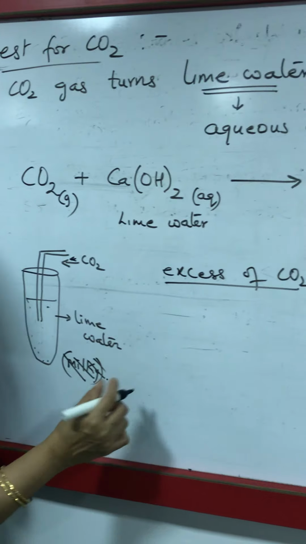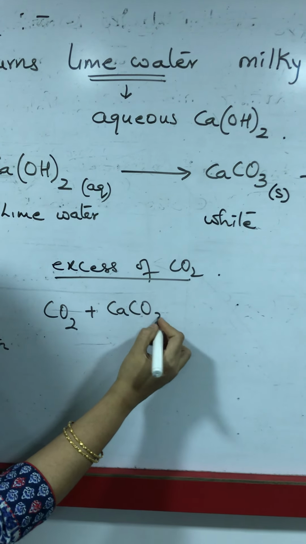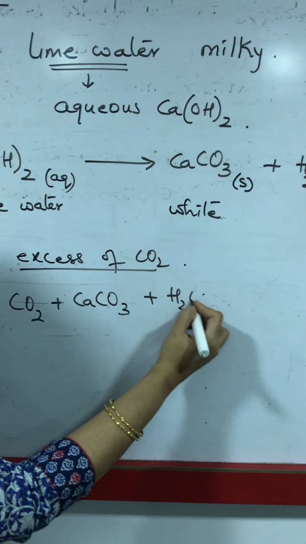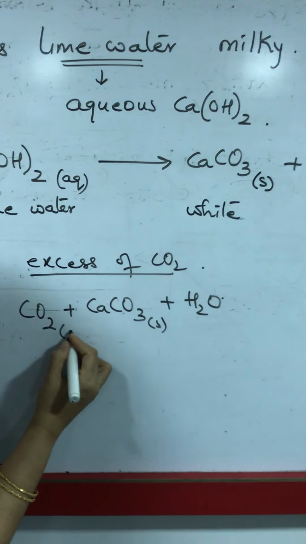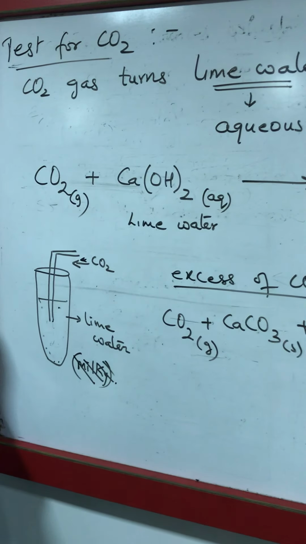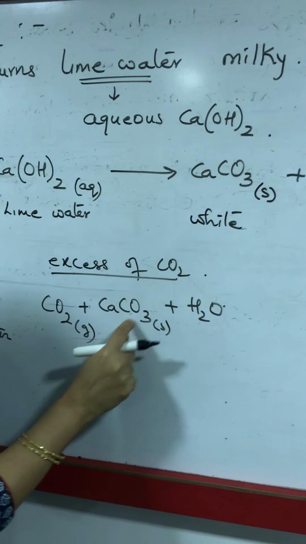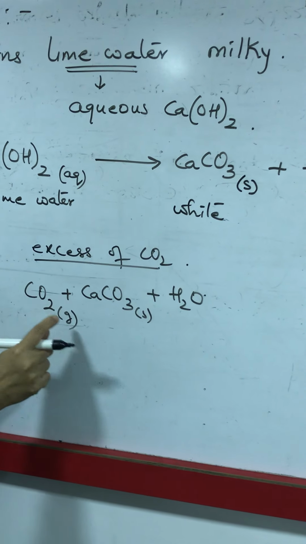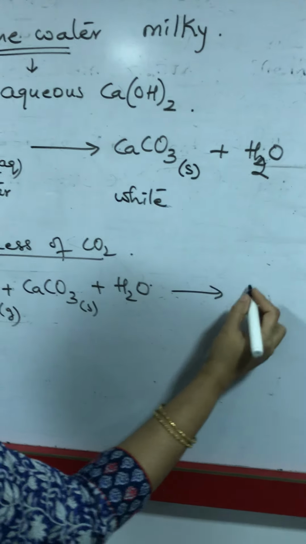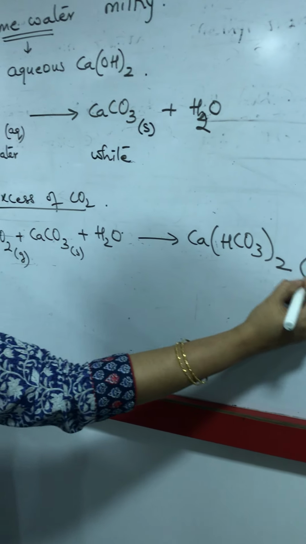We can explain this by writing a reaction between carbon dioxide and the solid product that is formed. If we pass excess carbon dioxide, the calcium carbonate which is formed will react with carbon dioxide and water and form calcium hydrogen carbonate.